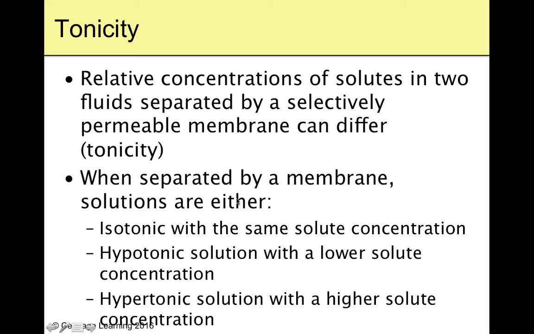So if the solute concentration outside of the cell is the same as inside of the cell, it's called isotonic. If the solute concentration outside of the cell is very low and we have more solutes inside the cell, we call this hypotonic. And then a hypertonic solution has a high solute concentration outside of the cell compared to inside of the cell.